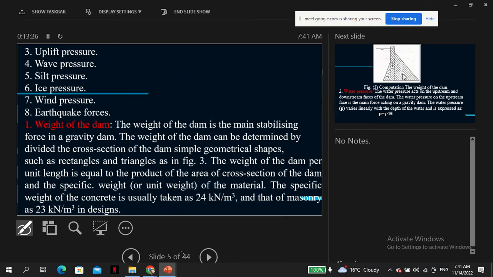Even for this one, something like this, you can find it if you divide. If you divide here, that's a trapezium. This would be a triangle. This is a trapezium which you can still divide and deal with.